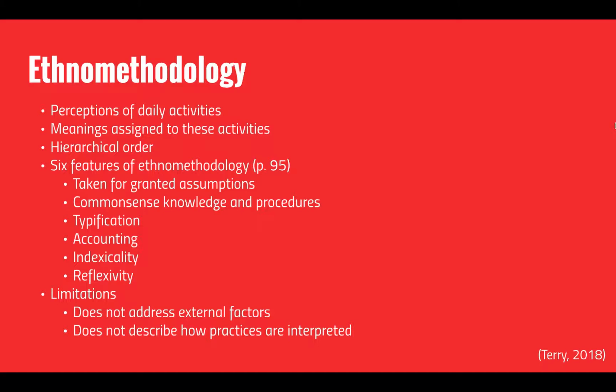Accounting is a collection of all activities that participants use to make sense of their world. Indexicality are the actions and verbal statements used to derive meaning from the context of the situation. Finally, reflexivity is the correlation between the description of how an event occurred and the actual circumstances of the event.